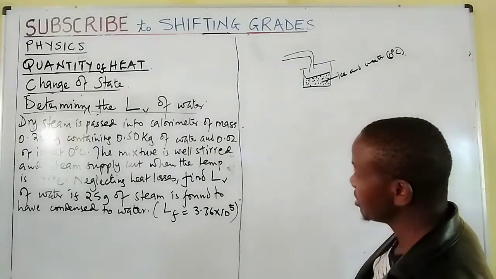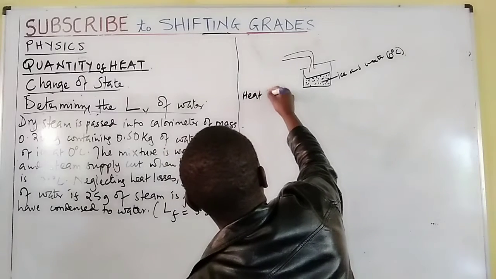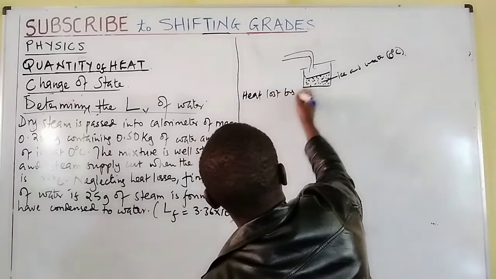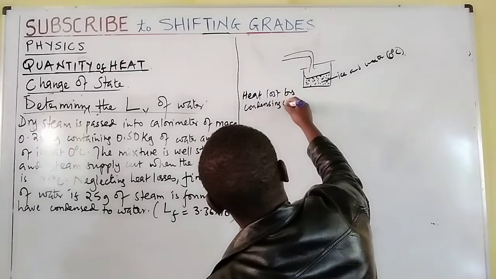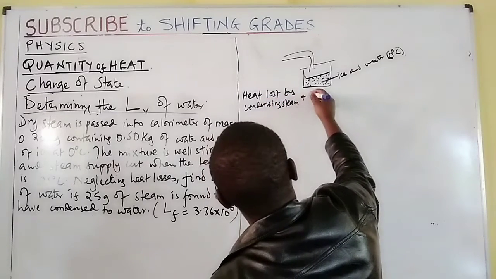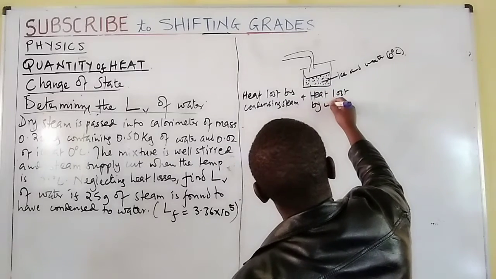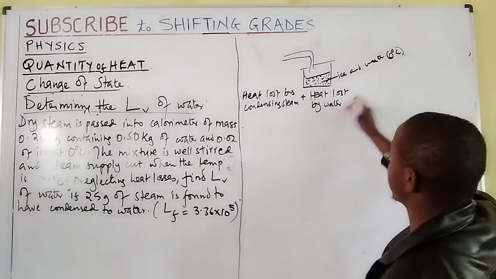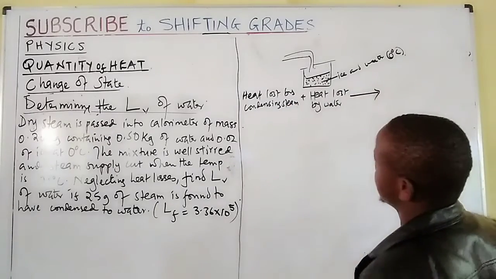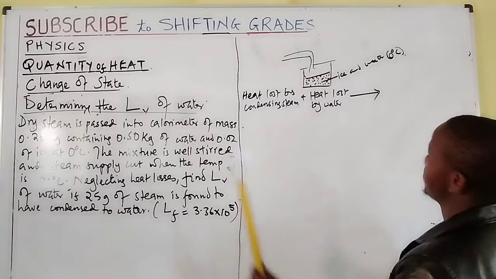Therefore, now we can say heat lost by condensing steam plus heat lost by water. Steam has condensed to water now. The water loses, because it's at 100, it loses heat energy until it becomes 25 degrees Celsius.